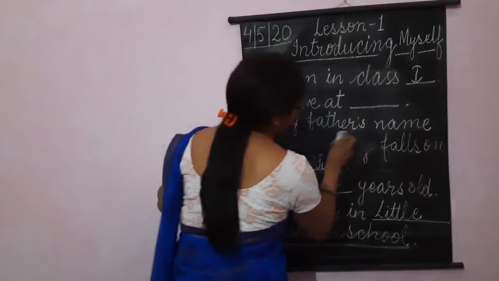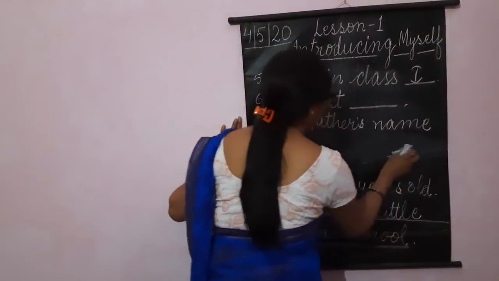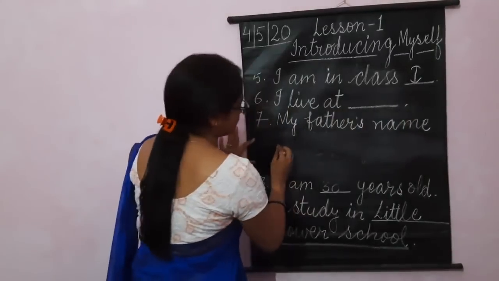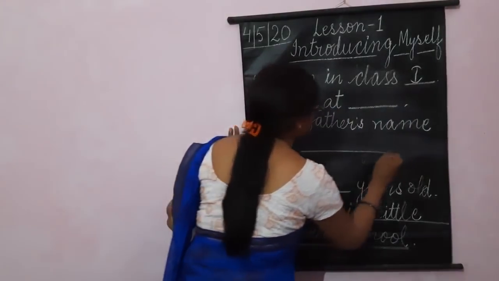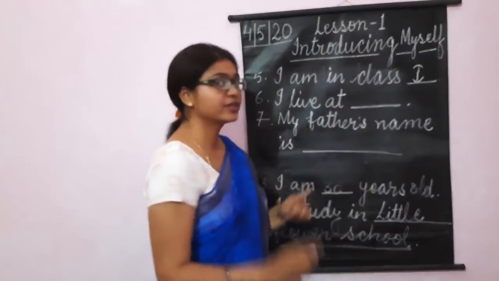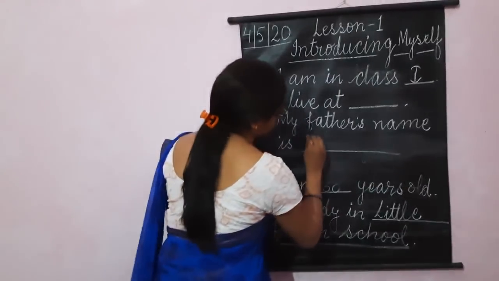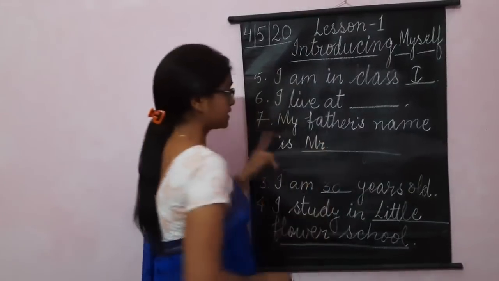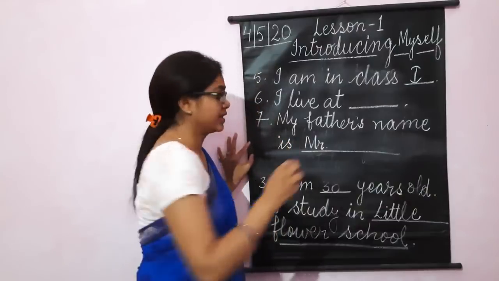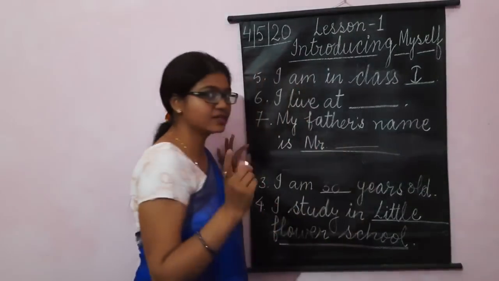The seventh line is my father's name is. Whenever you are writing your father's name, you should put Mr. First you will write Mr. and after that you will write your father's name.